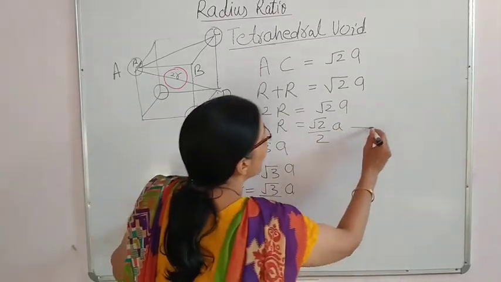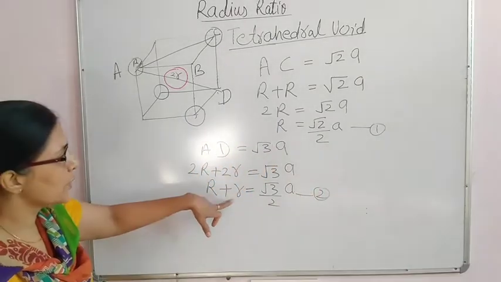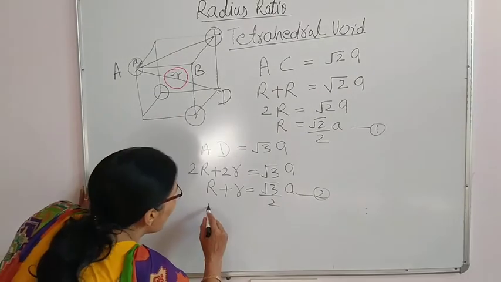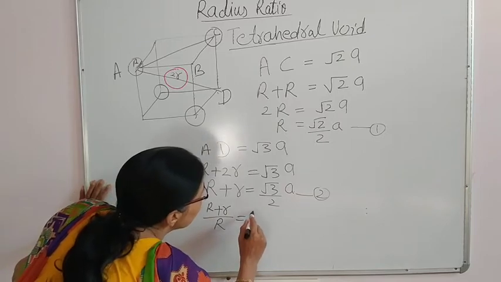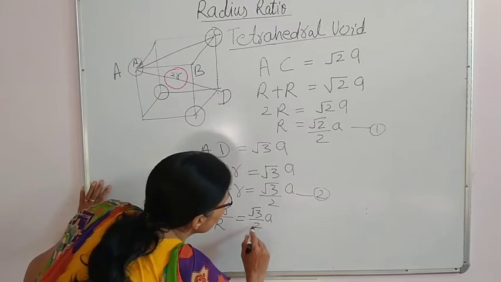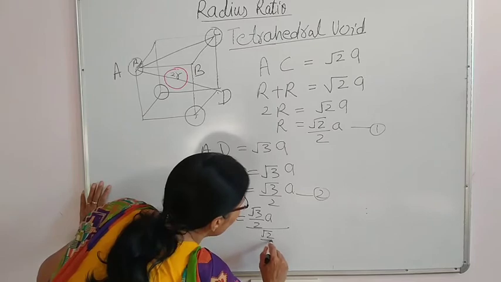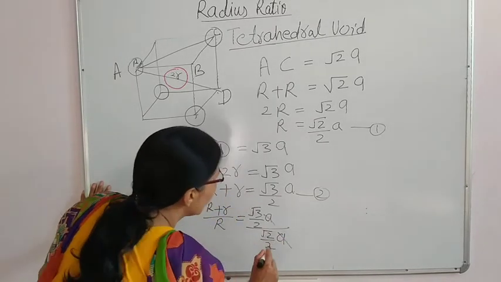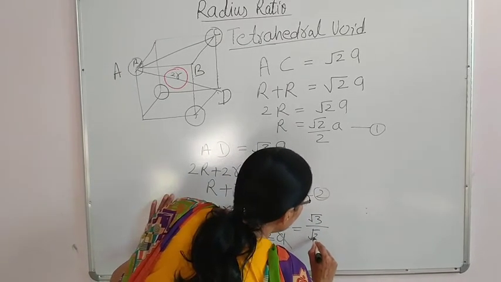Now if I divide equation number 2 by equation number 1, then my data will be like this: R plus r upon R is equal to root 3 upon 2 a divided by root 2 upon 2 a. a will be cancelled out and I will get the result root 3 upon root 2.